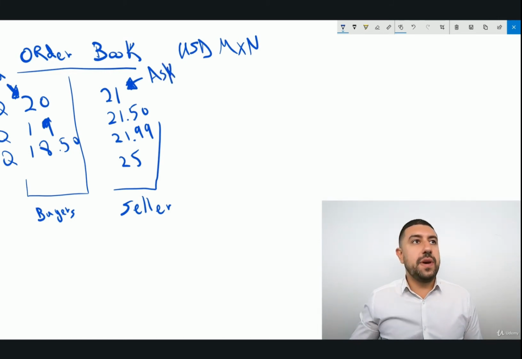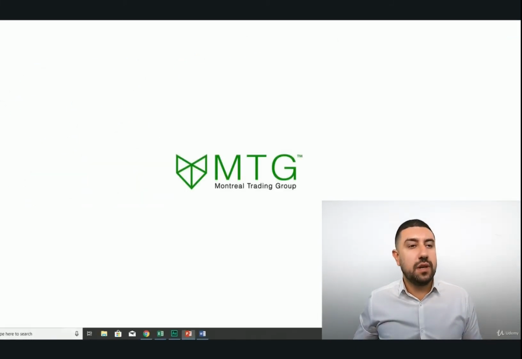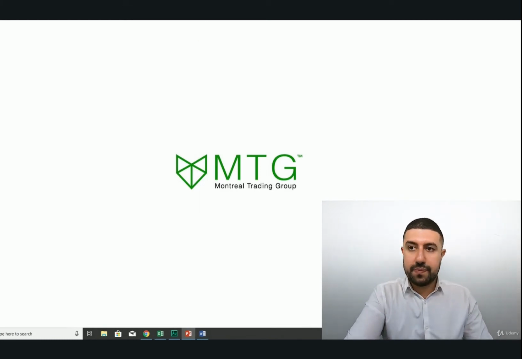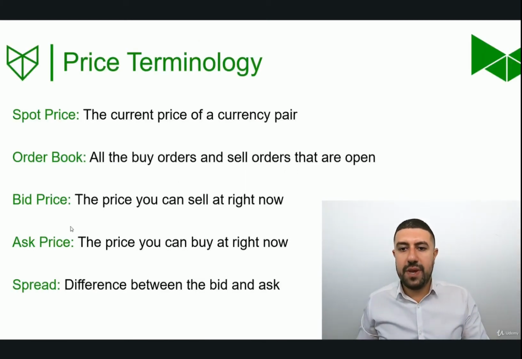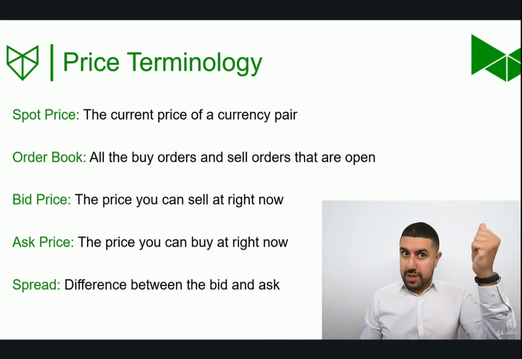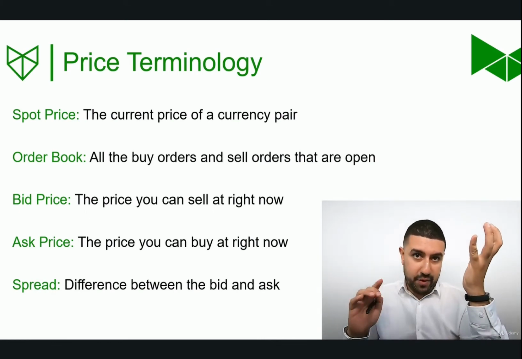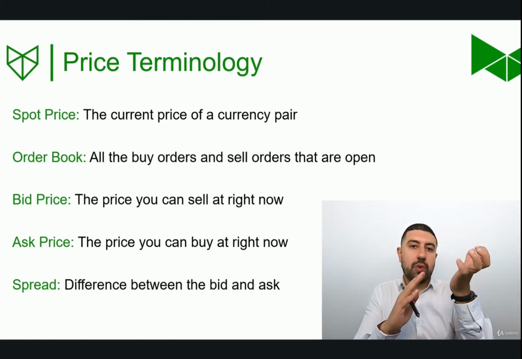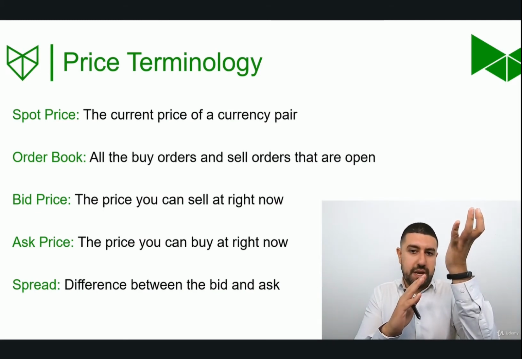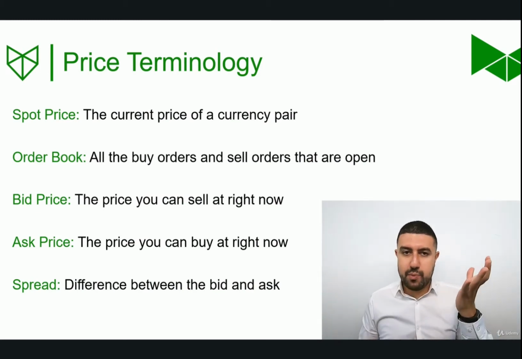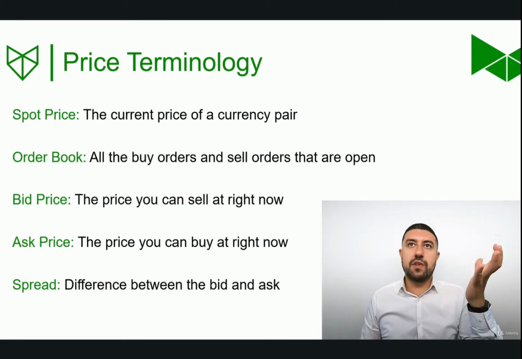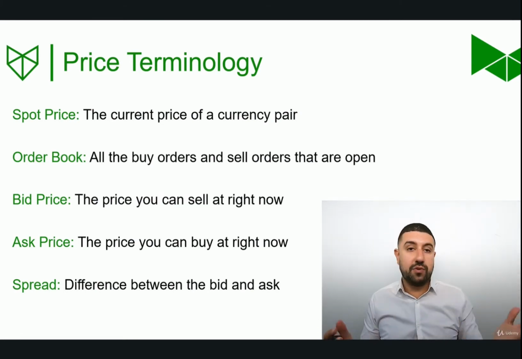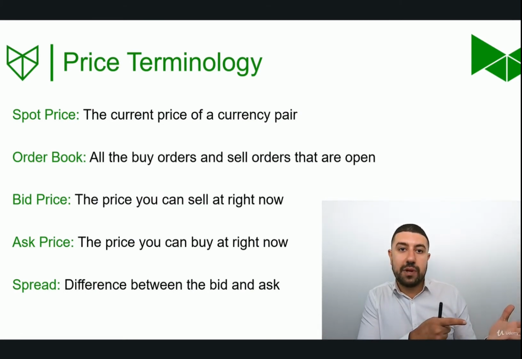So the bid price is the buyer who's willing to pay the most. Now, if you want to sell right now, this moment, what price can you sell at? You can sell to the guy who's willing to pay the most, right? So when you're looking at the bid price, you can think of it as, if I want to sell right now, I can sell at the bid price.